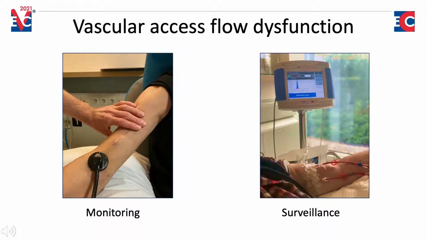Flow dysfunction associated with clinical indicators requires intervention to correct the underlying stenosis. In contrast, periodic vascular access surveillance with hemodynamic tests can detect asymptomatic flow dysfunction. It is currently unclear whether treatment of vascular access stenosis is indicated for asymptomatic flow dysfunction detected by surveillance.